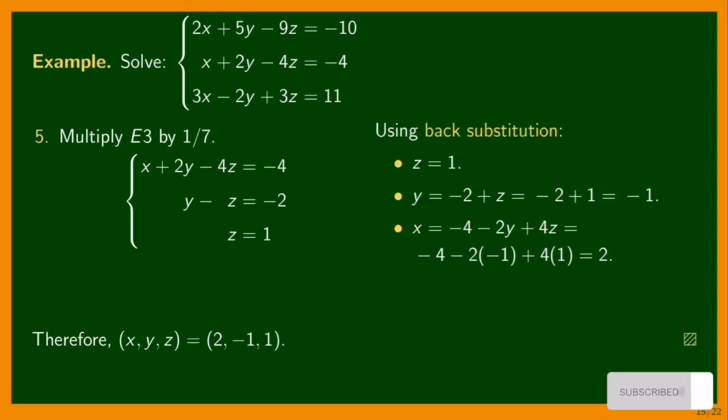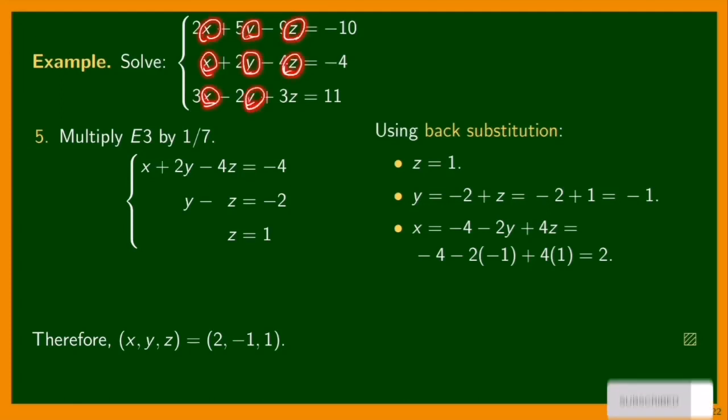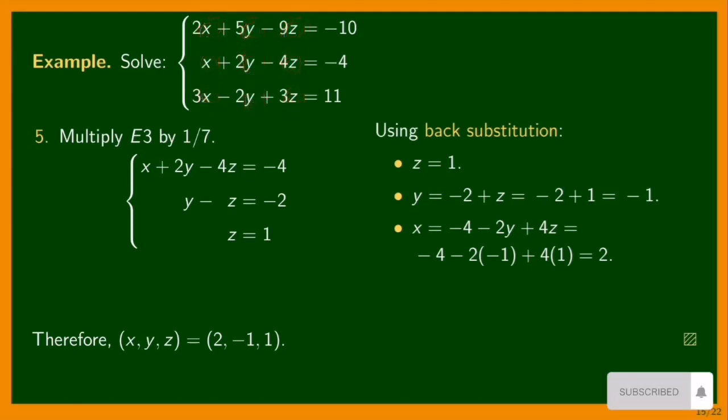Do you observe that? Meaning to say, these variables are actually just placeholders and don't play an important role in the calculation. The solutions will really depend on the values of these coefficients and the constants over here.